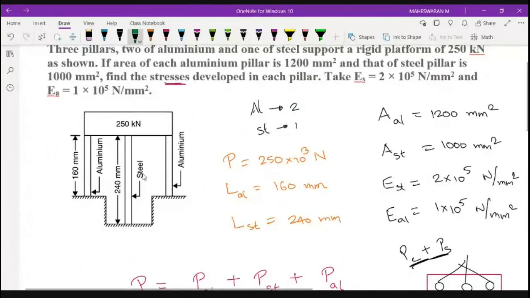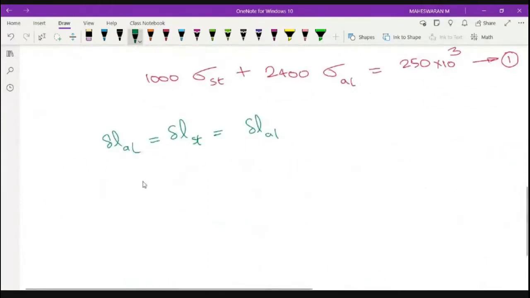So del L A1, del L S, del L A2. Since both are same, I am neglecting one term. So change in length for steel is equal to change in length for aluminum.